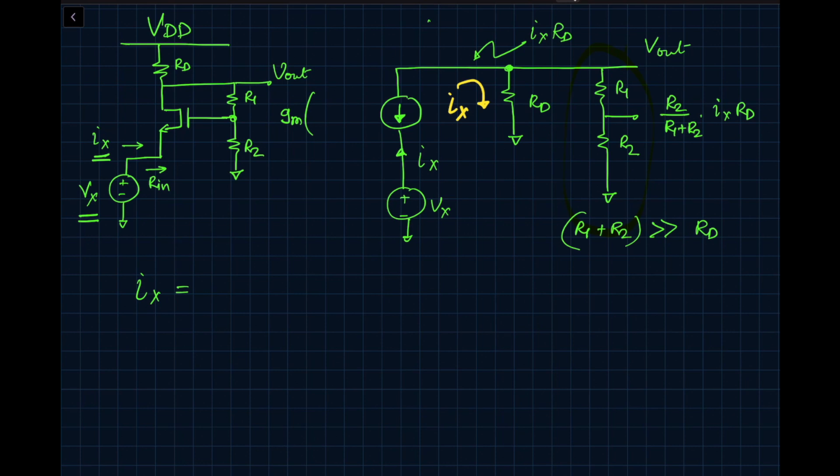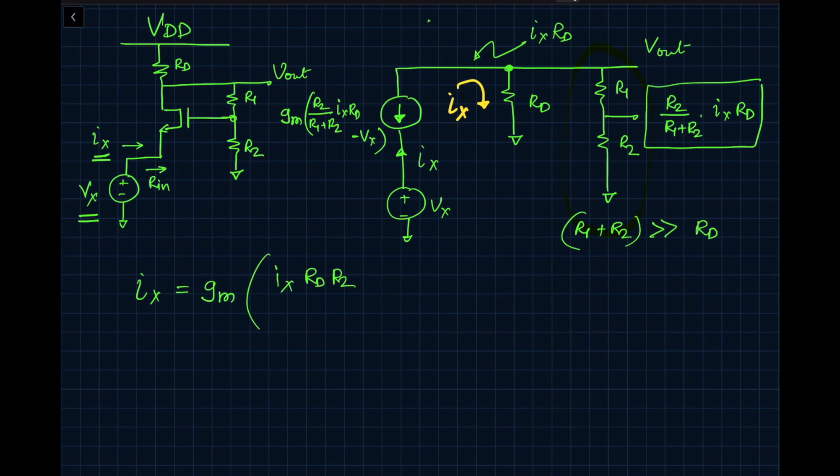G is this particular voltage, which is R2 divided by R1 plus R2 times Ix RD. And what is S? S is Vx. So Ix is equal to gm times (Ix RD R2 divided by R1 plus R2 minus Vx).